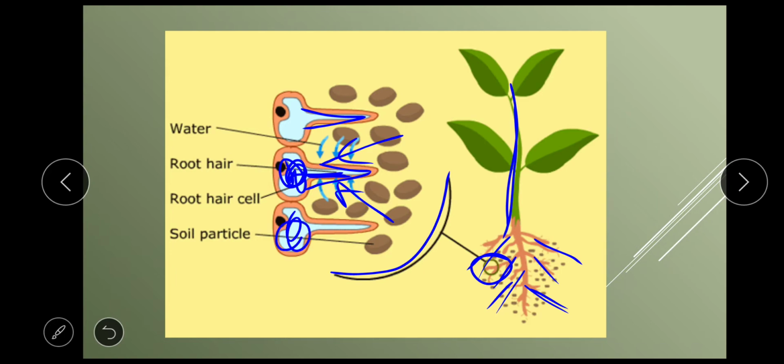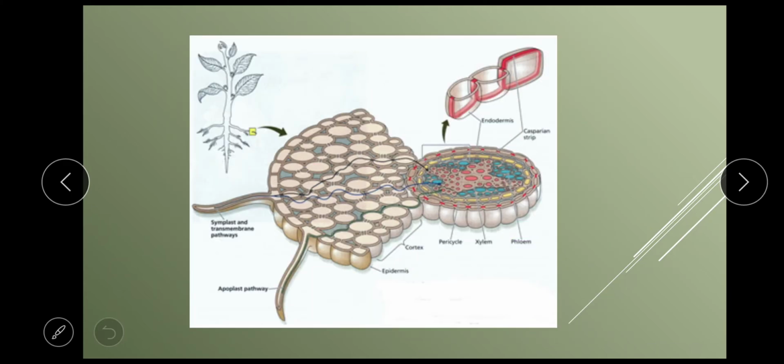Now once this water is filled in this root hairs, what will happen to this water? We'll understand in the next slide. Here, see, this is root hair, and it is taking water. Now this water first goes in this cell. Now these two cells are filled with water.